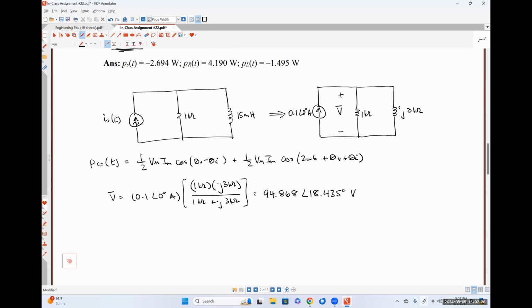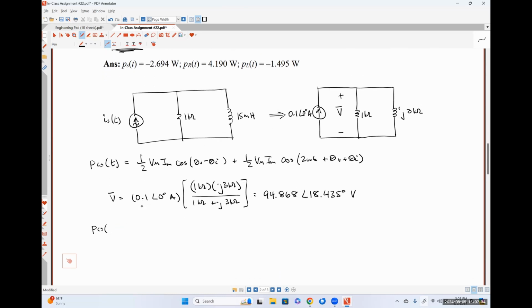Now, just plugging things in, at t of 10 microseconds, so that's 10 times 10 to the negative 6 seconds, it's going to look like 1/2 times 94.868 volts, that's from the last problem, brain fart, times 0.1 amps times the cosine of 18.435 degrees.